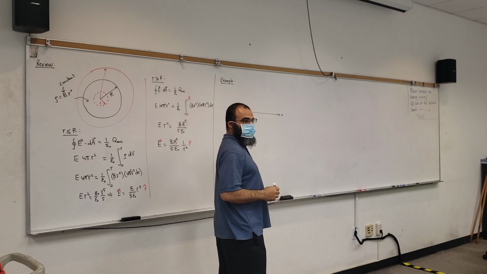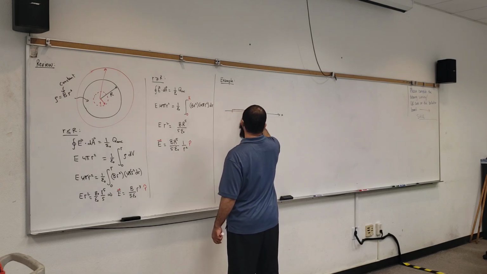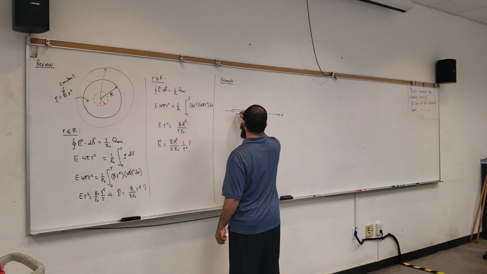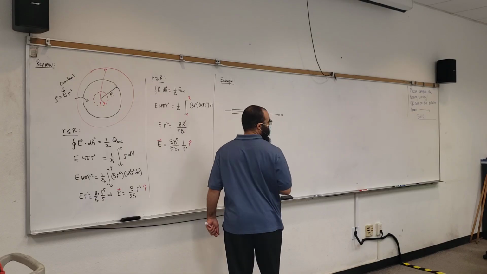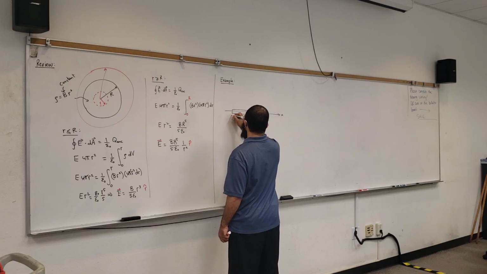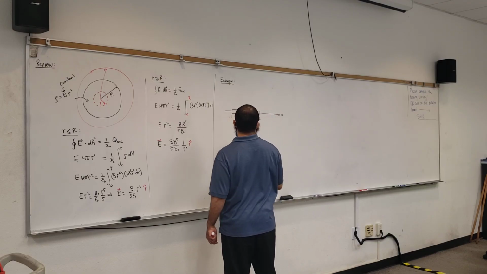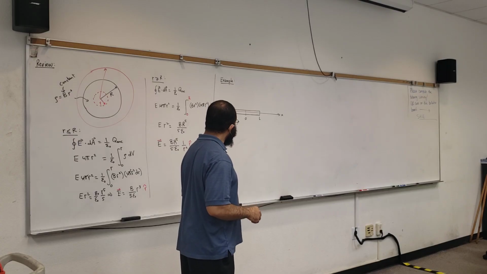Imagine we have a rod. This is 0, and this is L, and minus L on the other side.